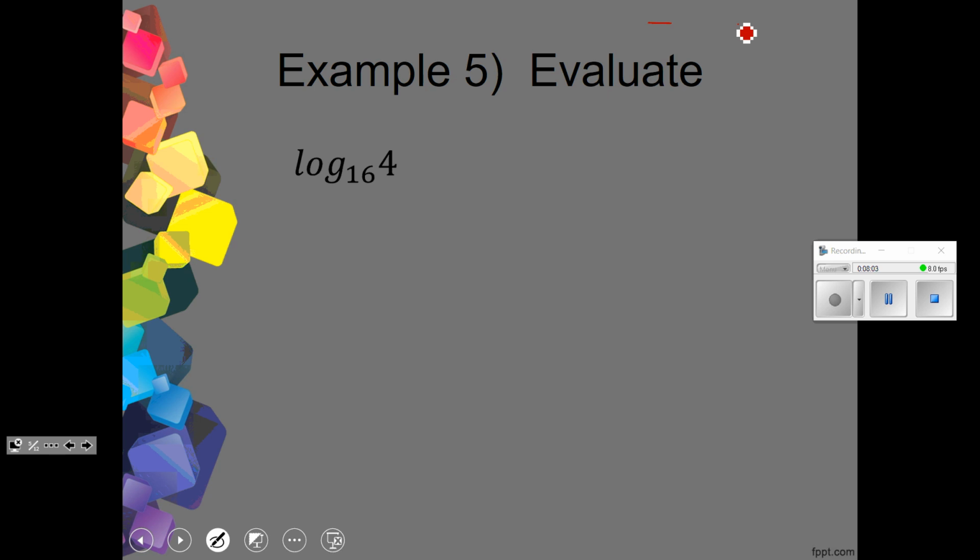I want to know 16 to what power would equal 4? And we just talked about this. This would be the 1/2 power because it's the square root. Raising something to the 1/2 power is the same thing. So we know that this is equal to 1/2. 16 to the 1/2 power is equal to 4. Did y'all follow me on that?